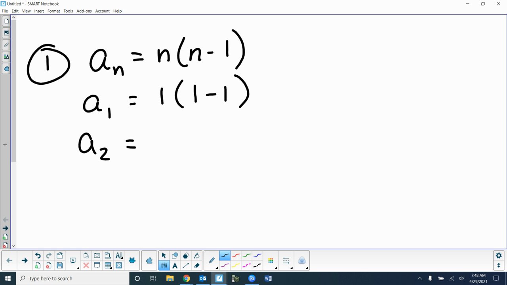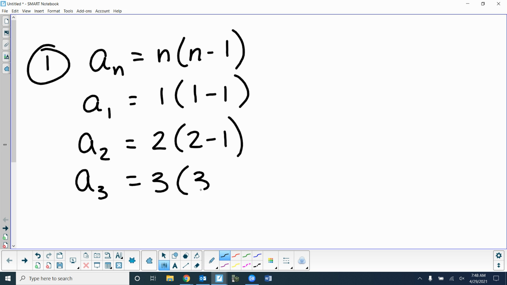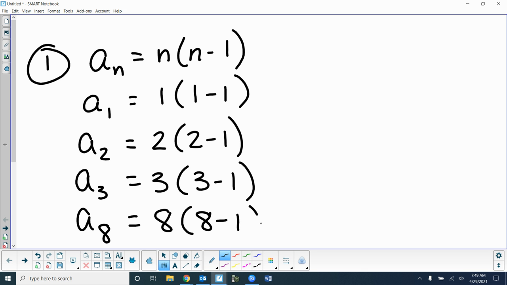A sub 2 means second term, so wherever we see n, we put a 2. A sub 3, third term, so again, 3 for n. And then the 8. It'll be the same tomorrow: first three terms and the 8. Okay, and then we just find those four answers.